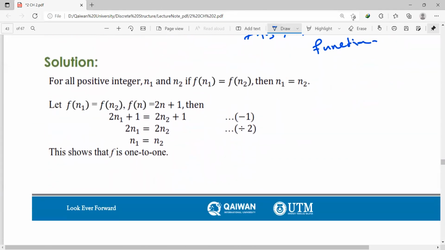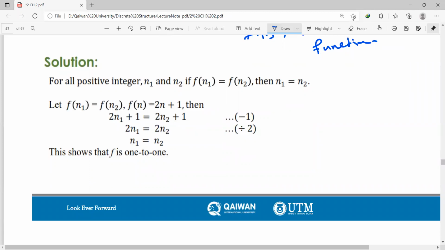So to prove a function is one-to-one, we just pick 2 points randomly. Let's say n1, n2, x1, x2, anything else. You should know how to prove that a function is one-to-one.